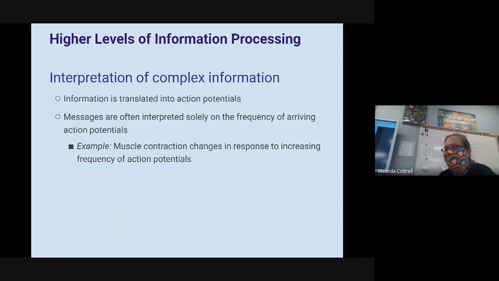For example, muscle contraction, which is the response, the end of your neural relay, is going to depend on the frequency of action potentials. And if those action potentials stop, then your contraction is going to stop. Makes sense? Oh, and that is the end of chapter 12, is it? Yes, it is.